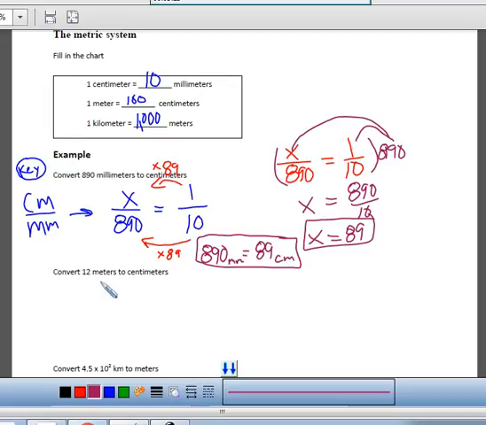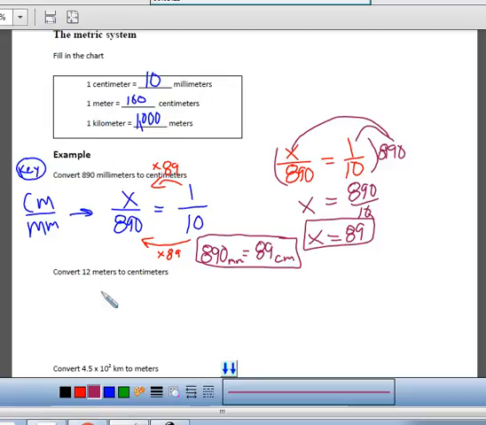Okay, now convert 12 meters to centimeters. Same thing. We could do a proportion, or we can say, okay, if I look up here, I've got meters to centimeters.